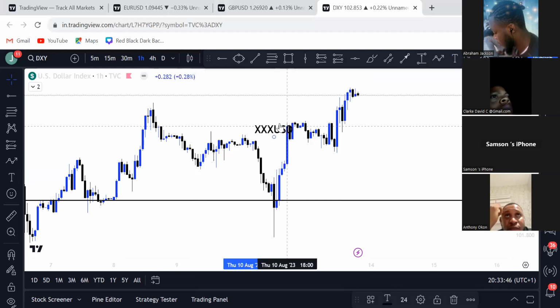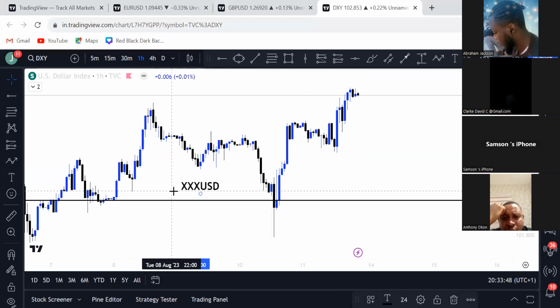So this XXX represents the currency or the metal. This represents GBP USD, Euro USD, Gold USD, AUD USD. Whatever is before this XXX is considered the normal pair, then the USD is the indicator, right? So all of these are indicators of USD in a way.